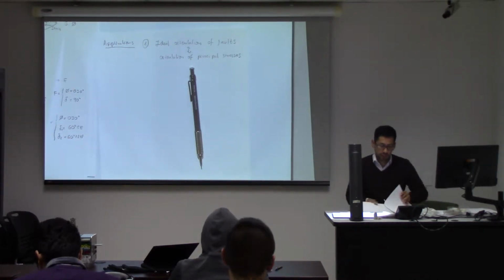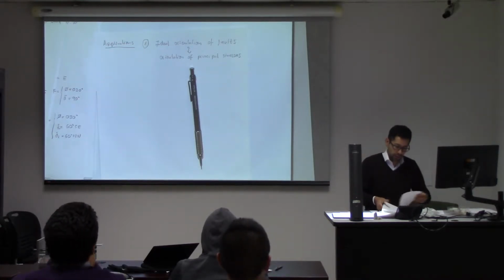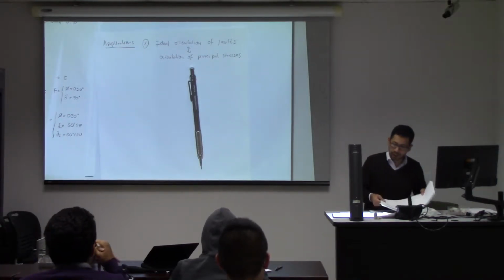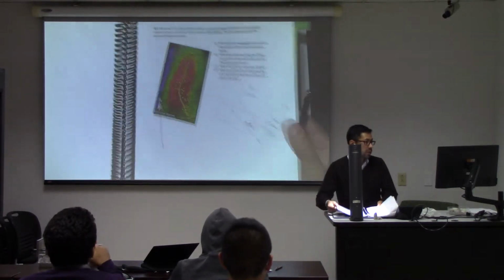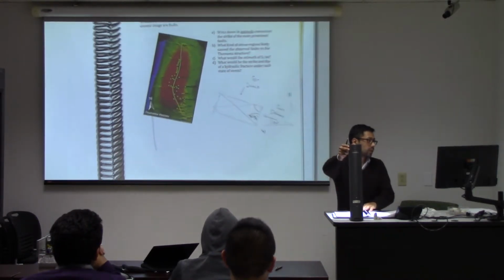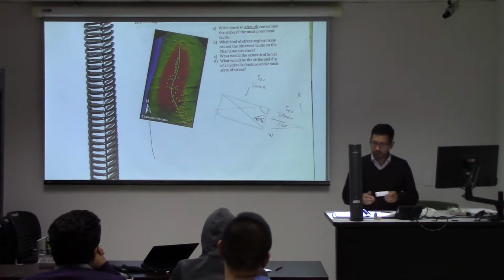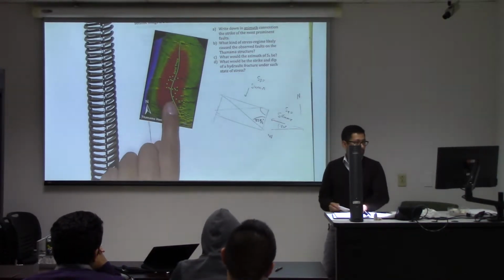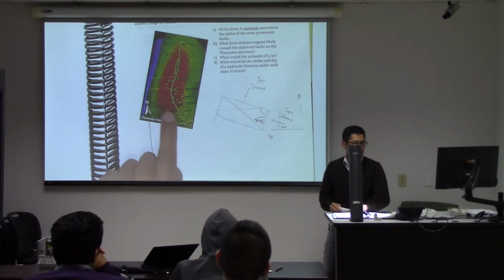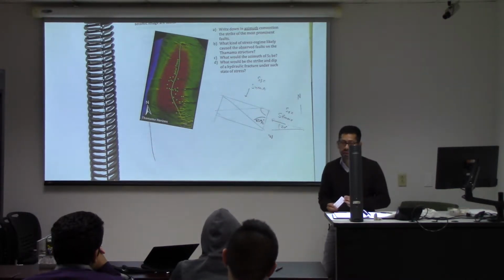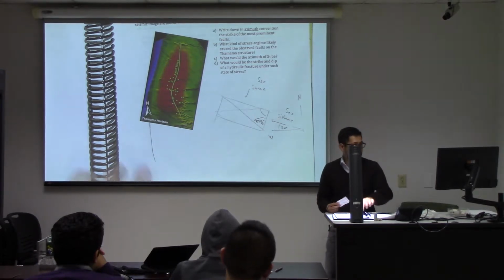And this was the example that I showed last time, and I shared with you this image over here, where we have an actual reservoir formation from the Middle East, and in which we're trying to understand what are the stresses acting on this reservoir.